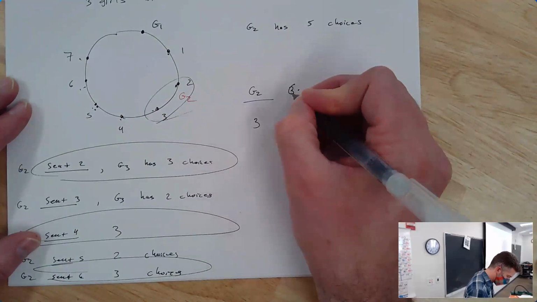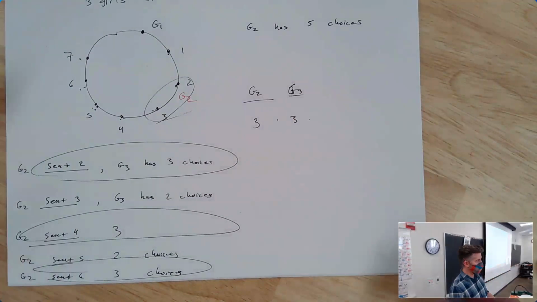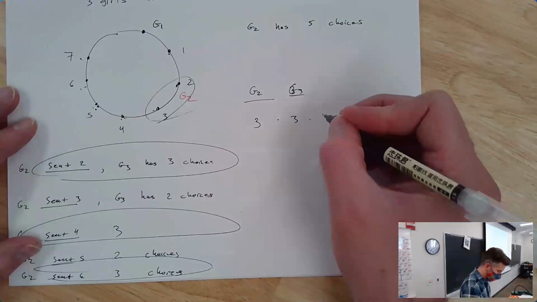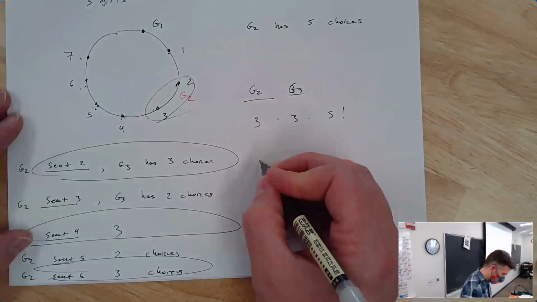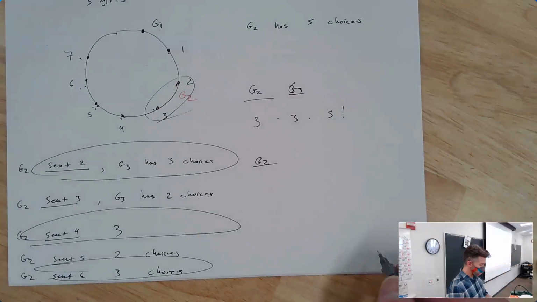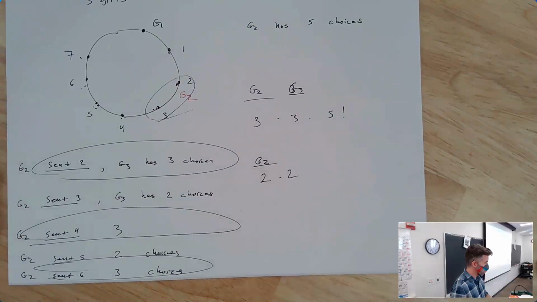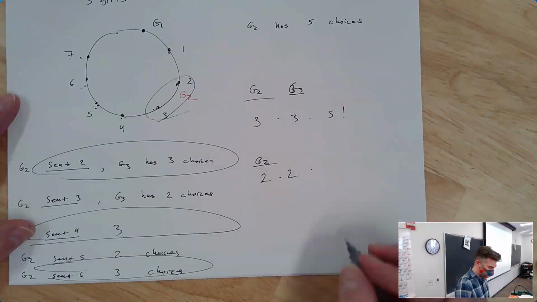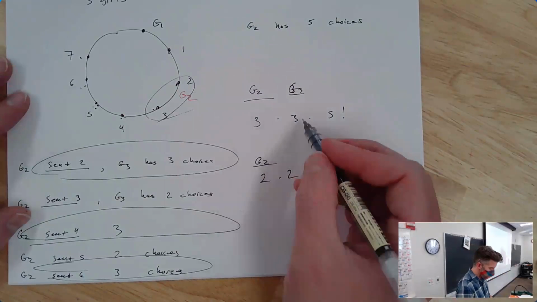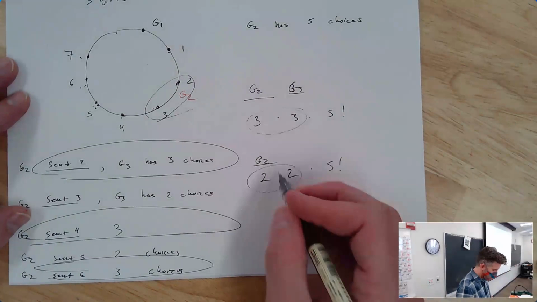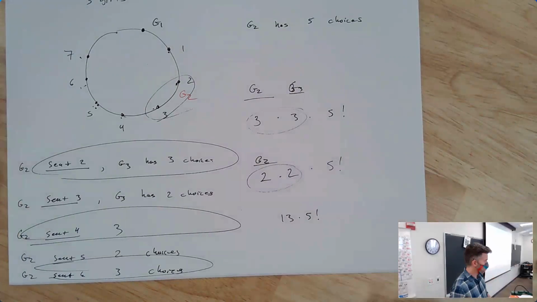Girl 2 has 3, girl 3 also has 3, and then the other 5 boys can sit wherever. So there's 5 factorial ways of doing that. Or in 2 of the spots girl 2 could pick, girl 3 only has 2 choices. But then the other 5 boys can still sit wherever they want. So this would be 9, that would be 4. We're going to get 13 times 5 factorial choices.